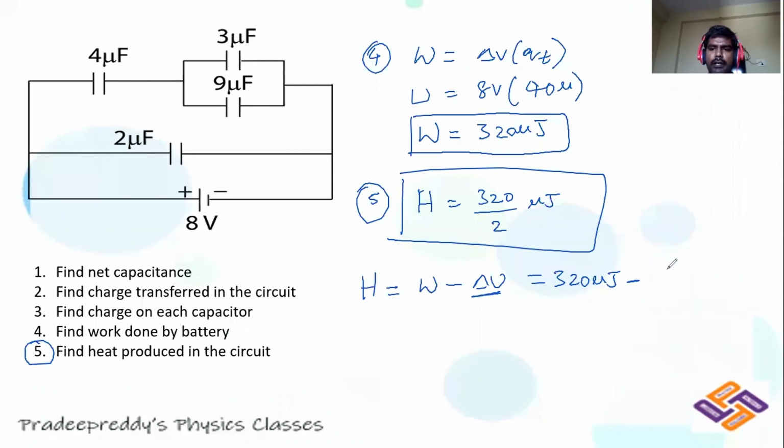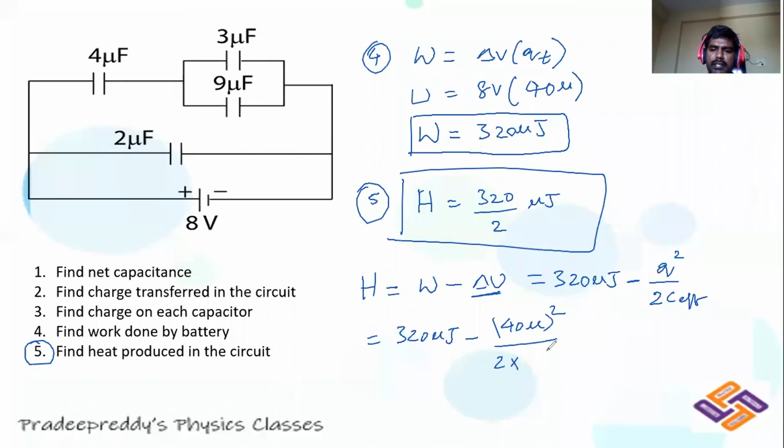It is 40. So it is Q square divided by 2 into C effective. This is equal to 320 microjoule minus of Q square, it is 40 micro whole square divided by 2 into effective capacitance.